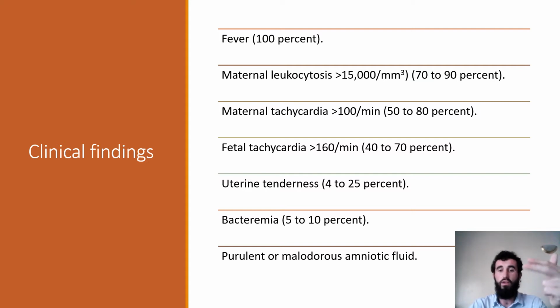We will find uterine tenderness. We will find bacteremia, not in many cases, just when we have Listeria, Staphylococcus, and other bacteria. And also, we can find purulent or malodorous amniotic fluid. We will see in a few slides that there are some criteria called Gibbs criteria. And we can make the diagnosis just with clinical findings.